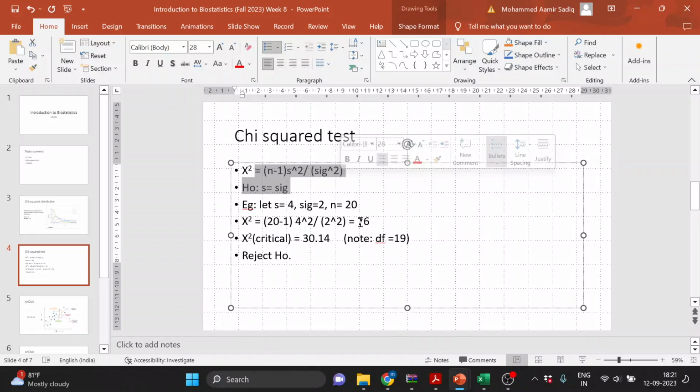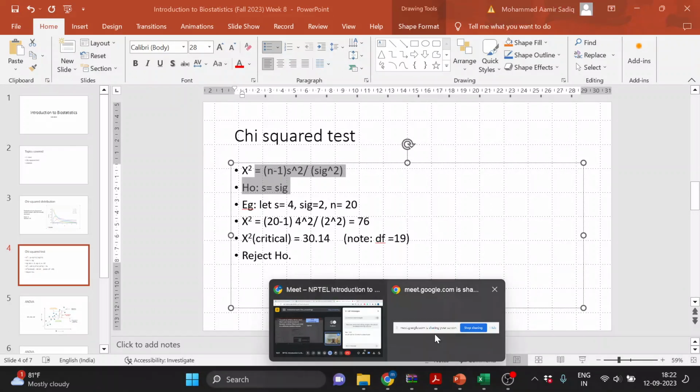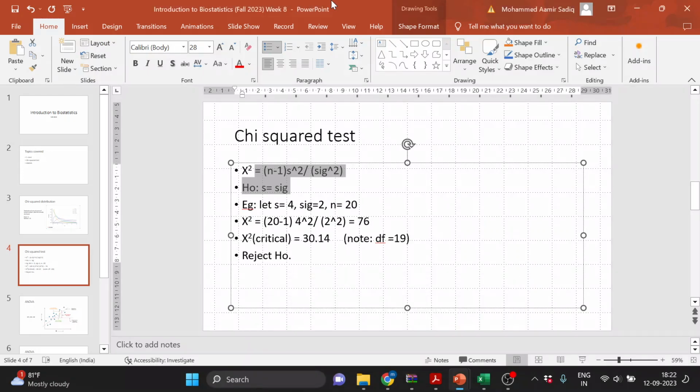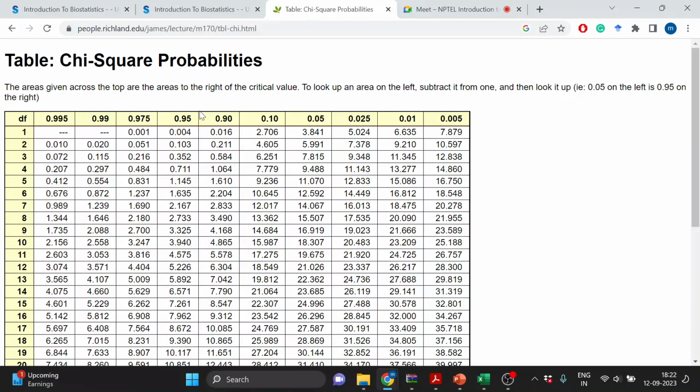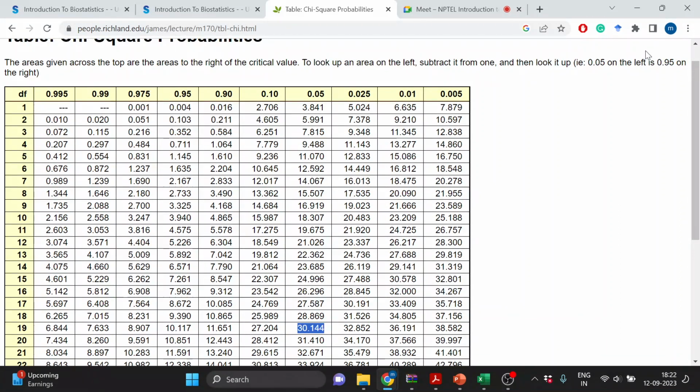Now, how do you know whether this is significant or not, whether they are different or not? For a two-tailed chi-square distribution, you look up a table, like how we did in our t-test. So this is for chi-square distribution two-tail. We have 19 degrees of freedom, because the sample size is 20. For an alpha value of 0.05, it's 30.144.